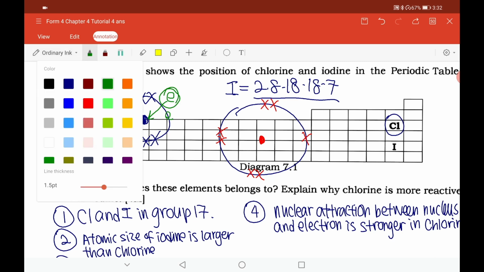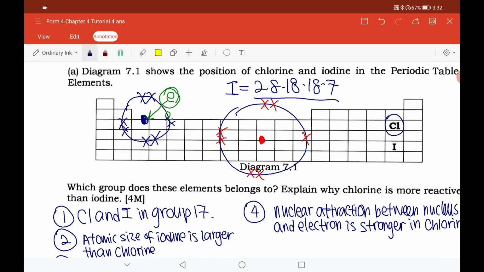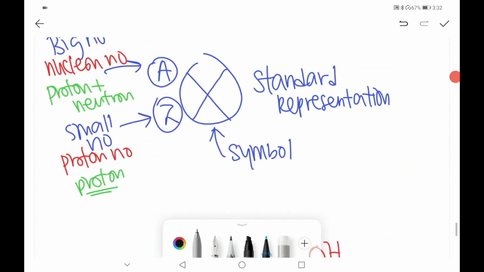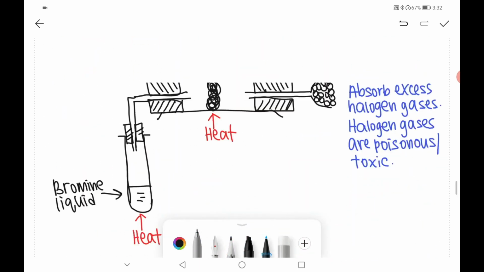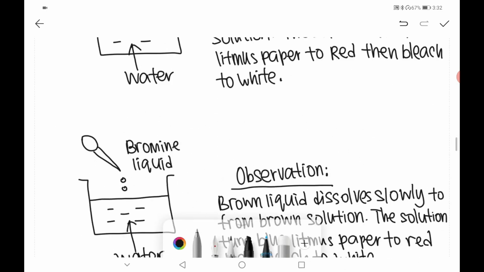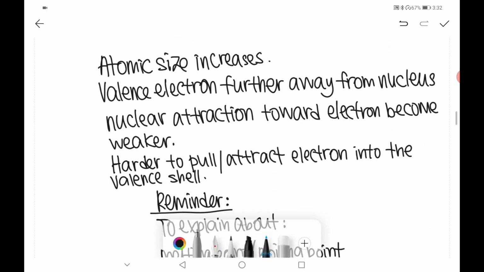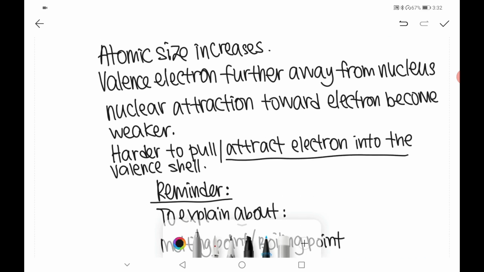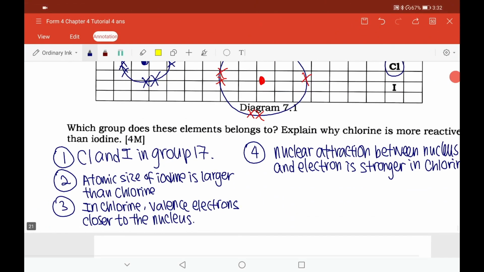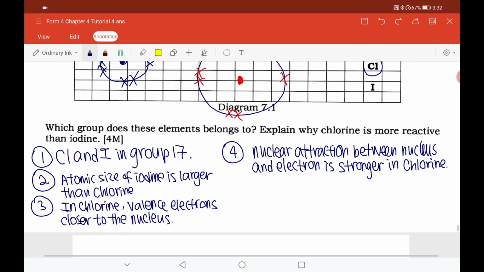You can pull the electron into the valence shell very easily, just like the one we saw in the last lesson, where we learned how to explain reactivity. If you refer back to the previous lesson, we must talk about how to attract the electron into the valence shell. When the pulling force is strong, it is easy to pull the electron into the shell.